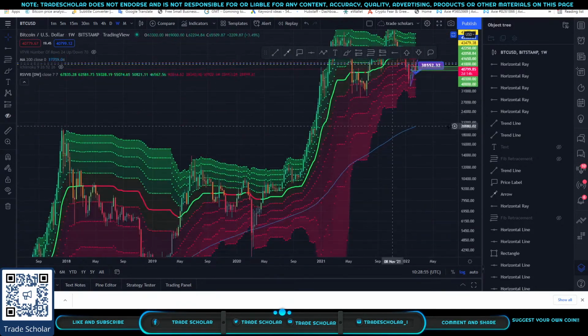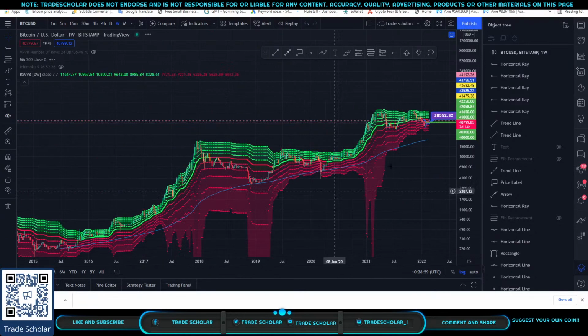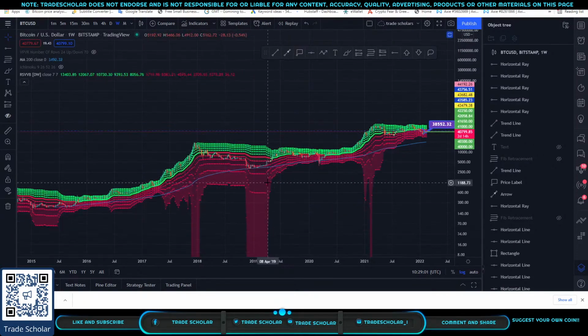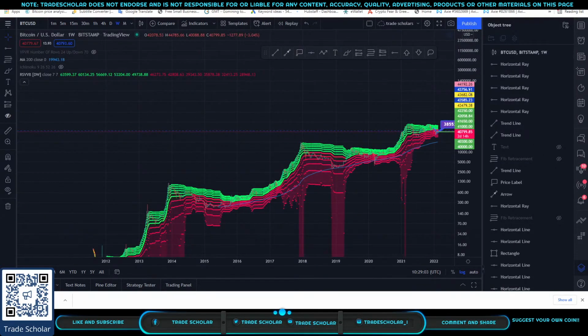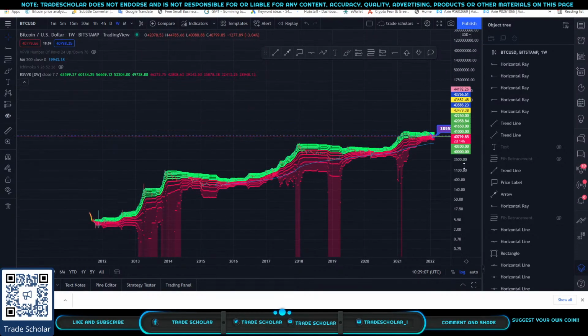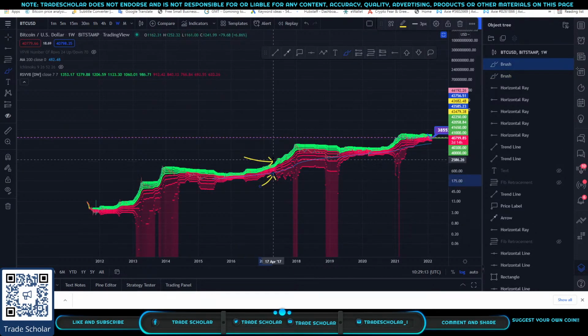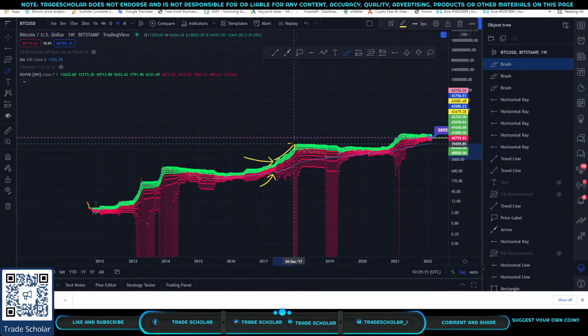So this is the Caterpillar right here. Okay, we call it Caterpillar. This is RSBVB. What it does, it constricts first and then moves massive. Constrict and then massive movement to the upside. So after the constriction, massive movement to the upside.